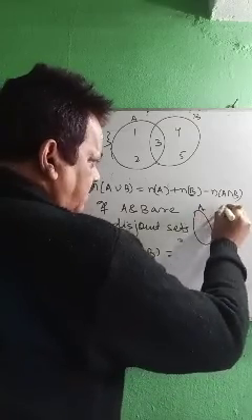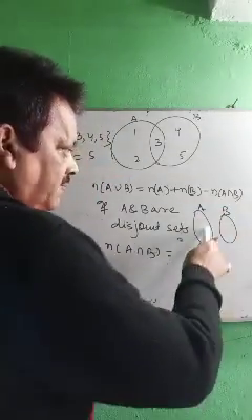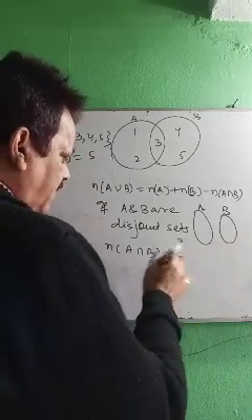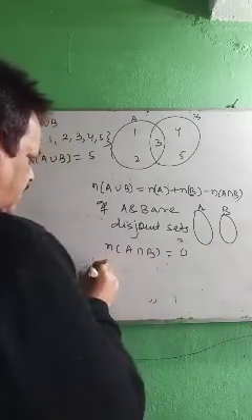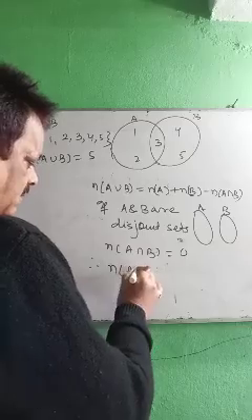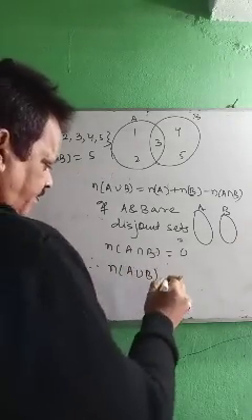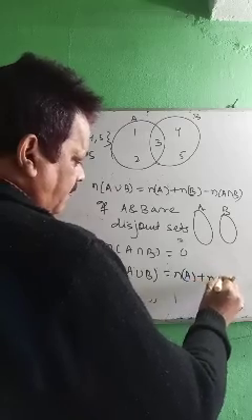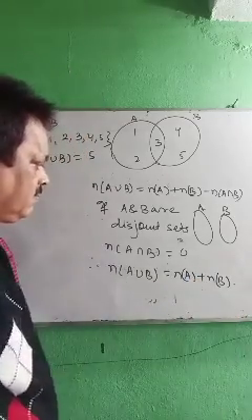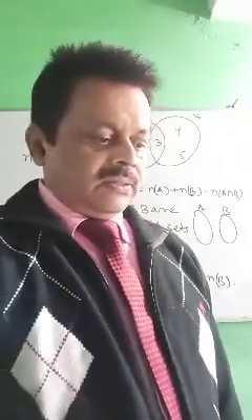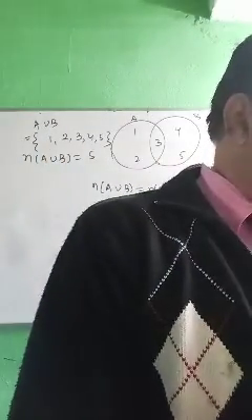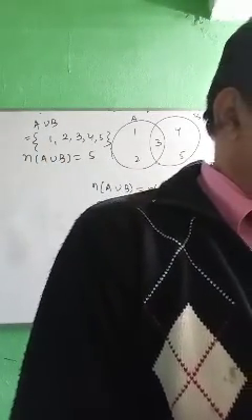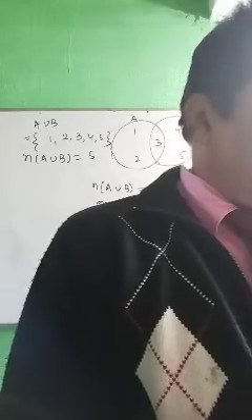This is A, this is B, no common element. That means n(A intersection B) is 0. Therefore, n(A union B) is n(A) plus n(B). Okay.